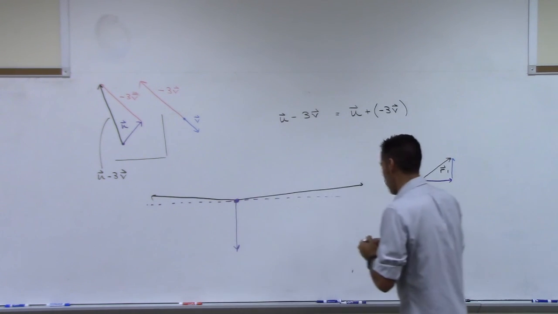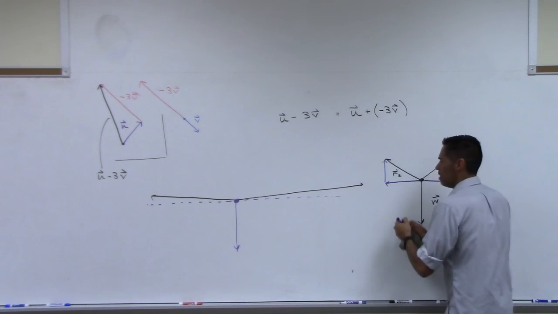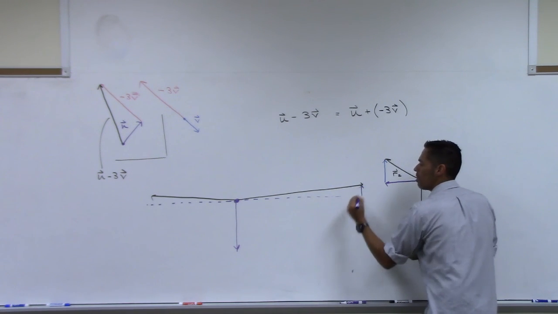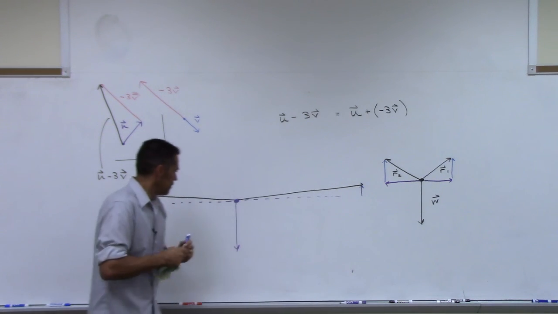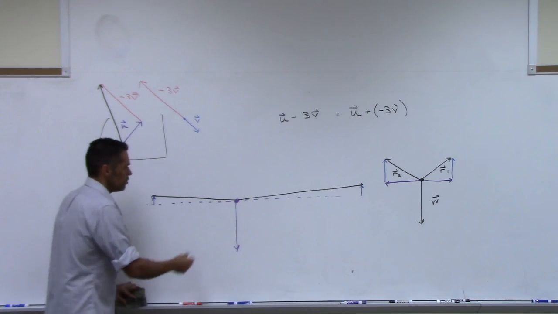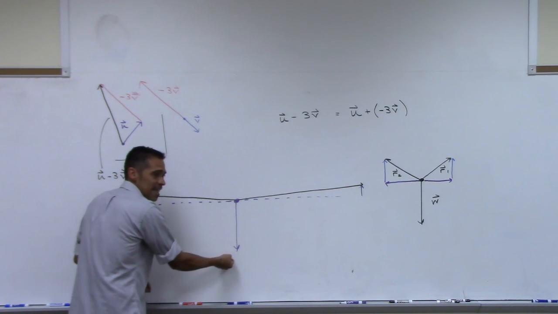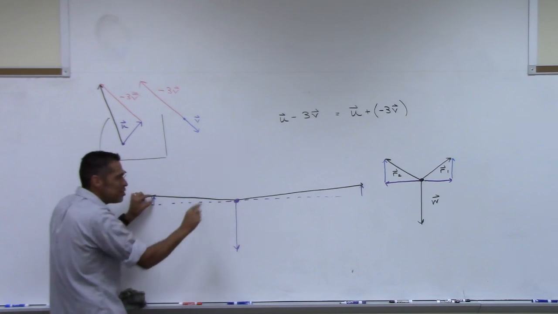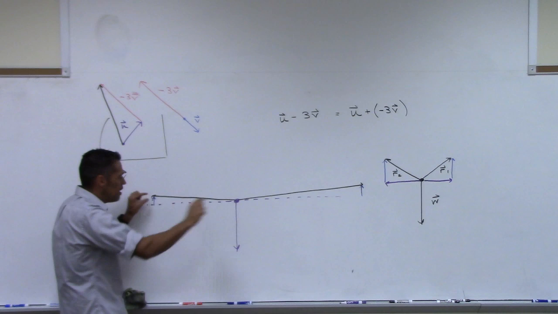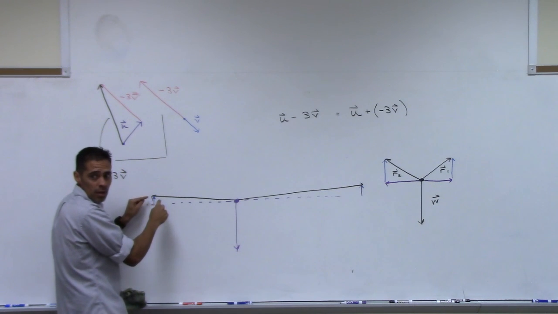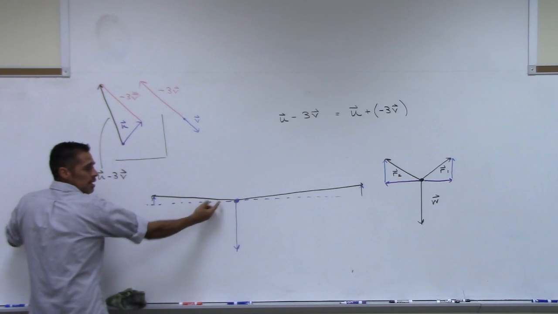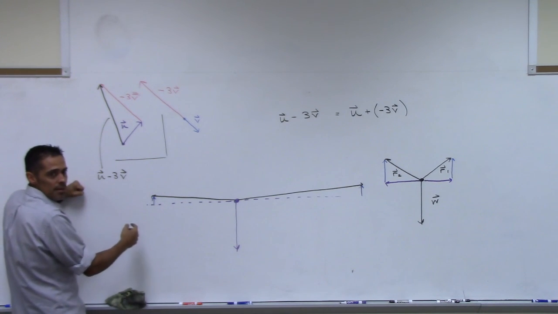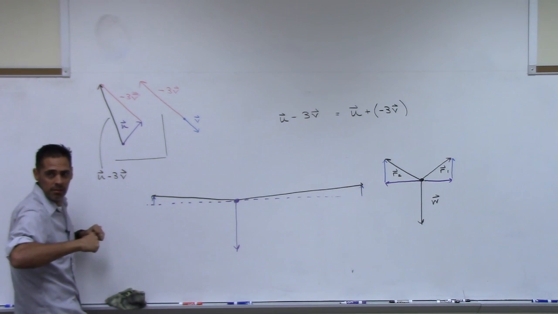When I break down the blue parts, look how small these blue parts are now. See how small they are? So the only way to counter this downward purple is with these two little blue ones, right? The only way I can make those blue ones longer is by making this vector longer, and to make this vector longer means I have to pull harder.